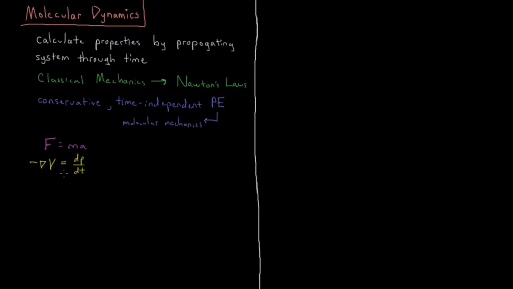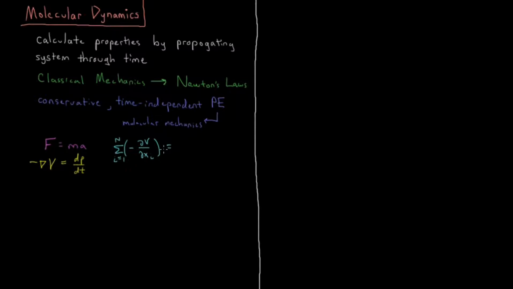Okay, so we can break this down further still because we know what this gradient is. This gradient is a bunch of various spatial derivatives. So our force is equal to the negative gradient, which is going to be a sum over all of our dimensions, if we have n dimensions, of minus the partial derivative of potential energy with respect to that individual coordinate, so we'll call that xi, even though that's not necessarily an x, it could be y or z as well.